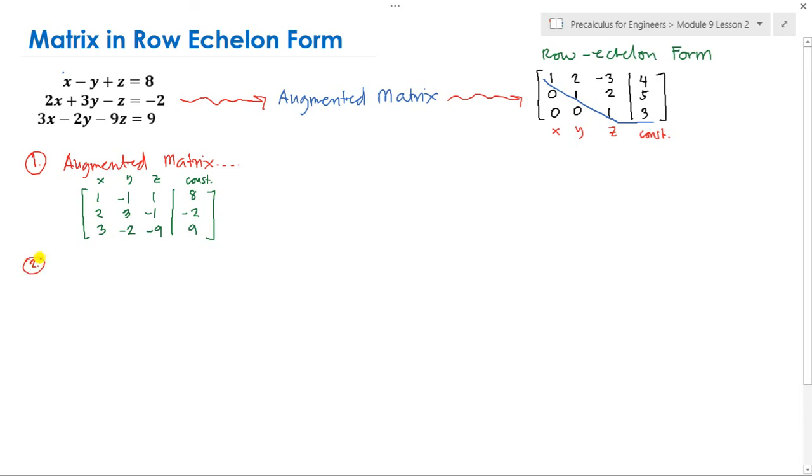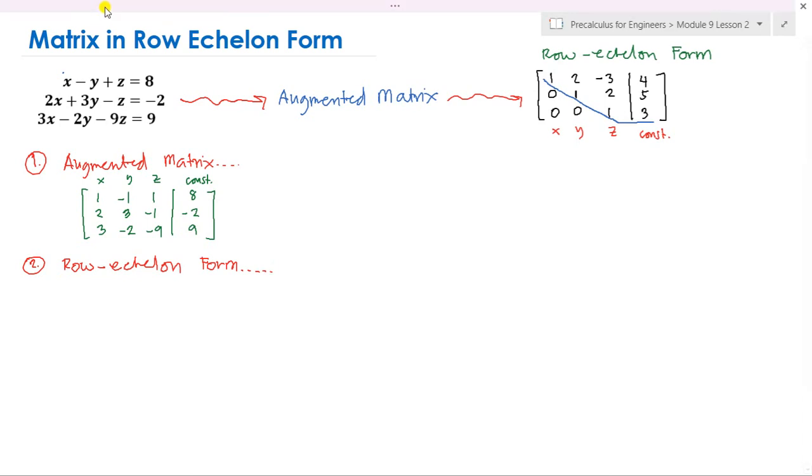Ang sunod ani kay mao na ni ang pag-convert into row echelon form, ani siya ang mga row operations ha. So let's now convert this into row echelon form. Diri class wala ni gi-follow nga mga formula, pero kung mag-practice ka makita nimo ang pattern.